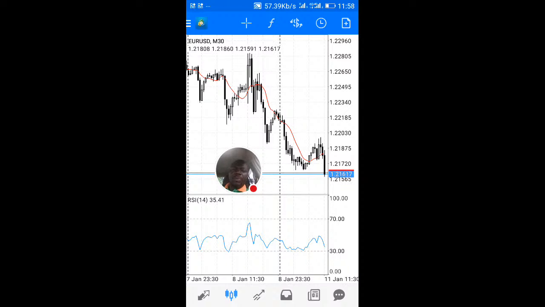It will go up and it will start normal movement. There's something that influenced this. If we go to the calendar, you can see there was news around 12 o'clock, and that is the one which is driving all this movement.